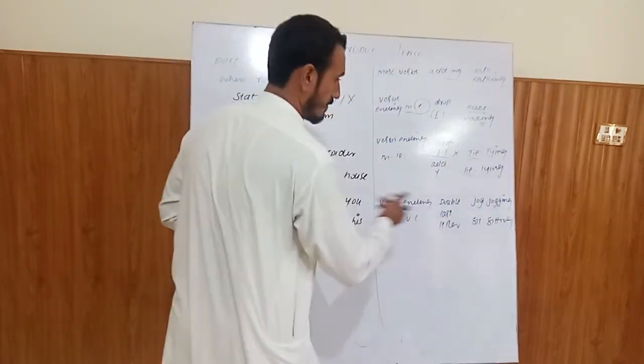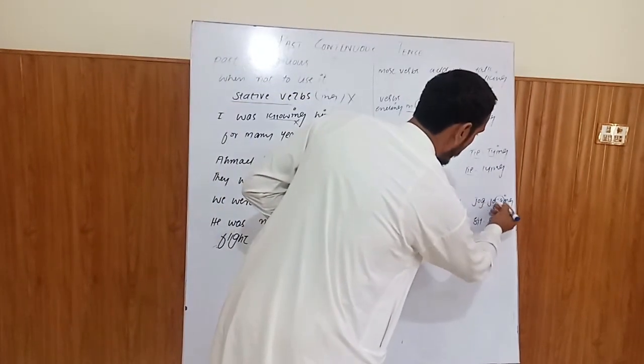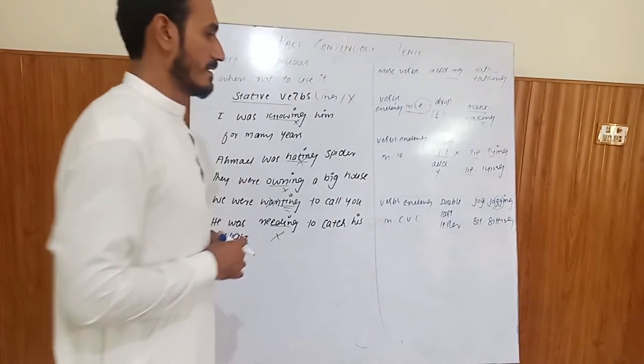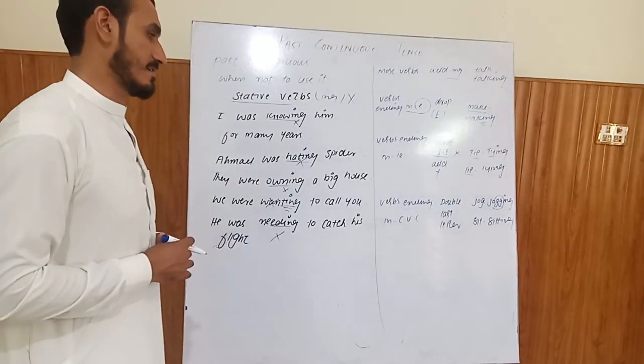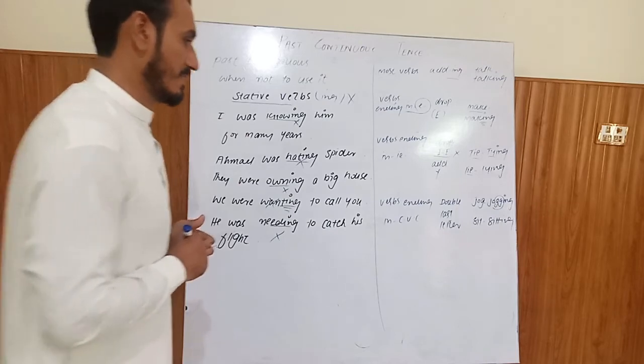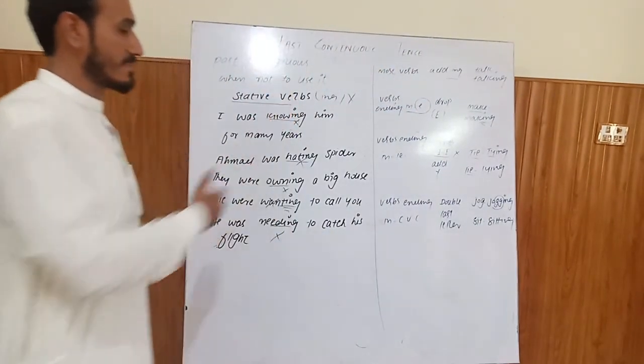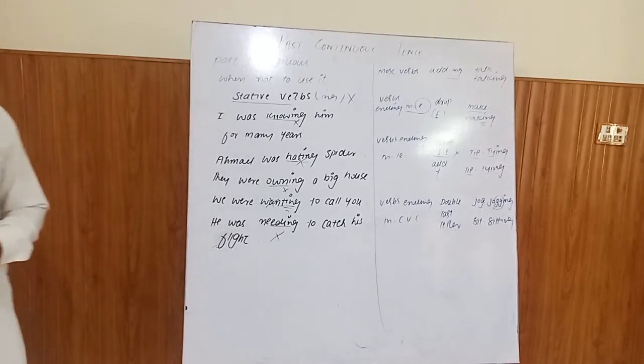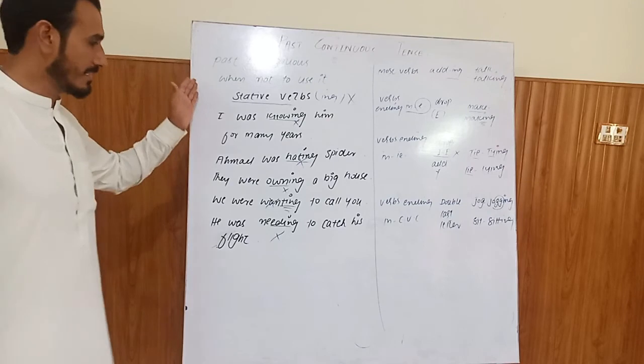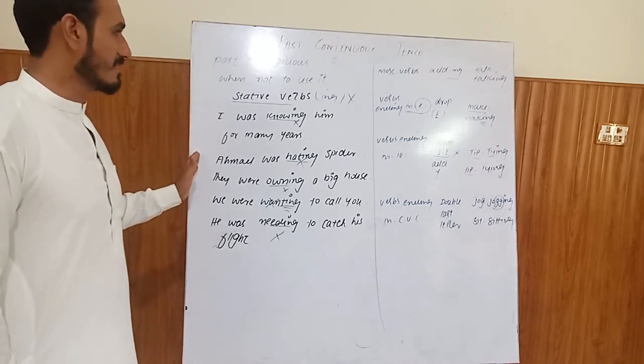Jog, jogging, so double G. And sit, sitting. So double the last letter: sit and sitting. So this is the spelling formula. Clear? We have also discussed the stative verb.